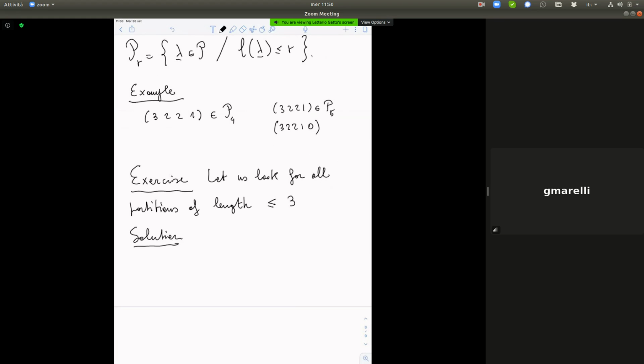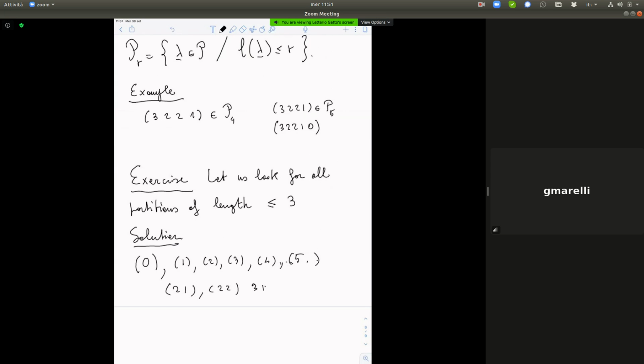There is, first of all, the 0 partition, 0, 0, 0, which has length 0, so smaller than 3. Then we have 1, 2, 3, 4, 5, infinitely many. But then we have also 2, 1, 2, 2, and 3, 1.